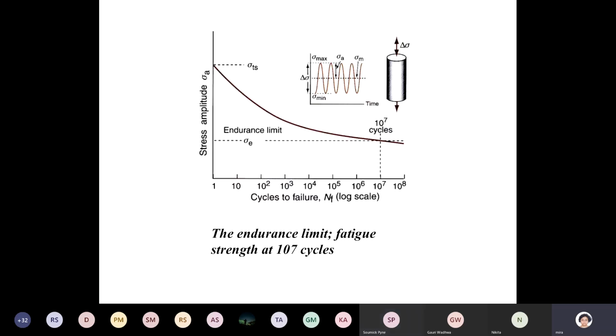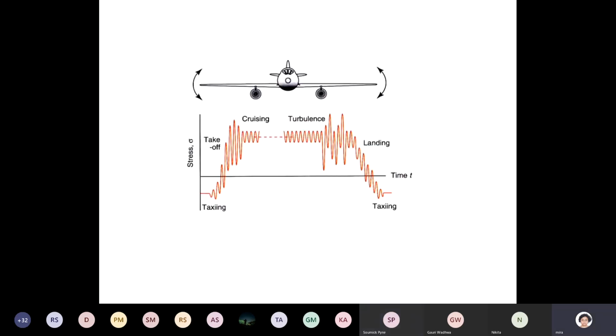This is not very precise, don't try to extract meaning out of it. Suppose I take the bending load acting on a particular location of a wing, this is the kind of variation that you see in the bending load. And this is not very precise. This is more of a pictorial kind of representation. Okay, fine.